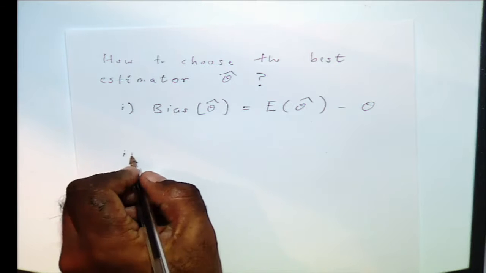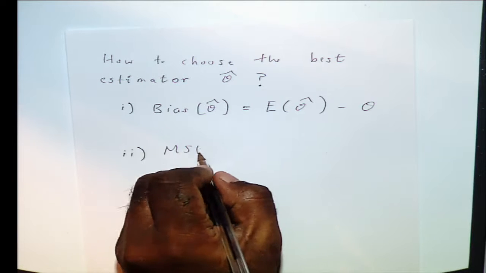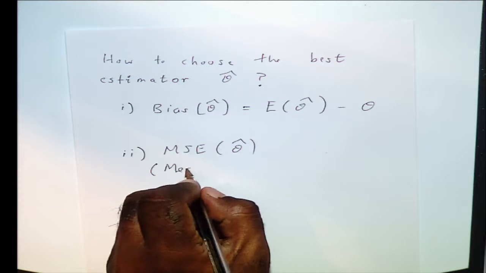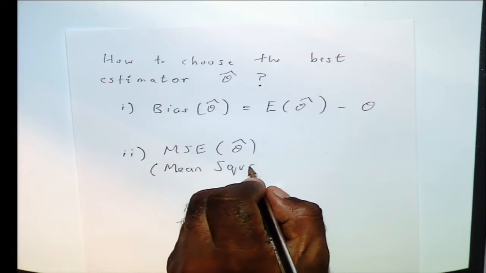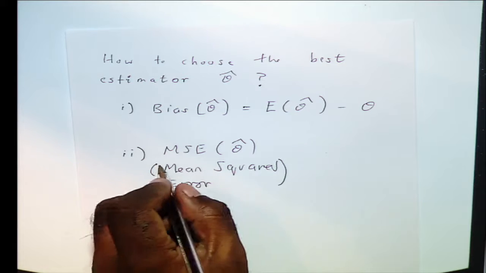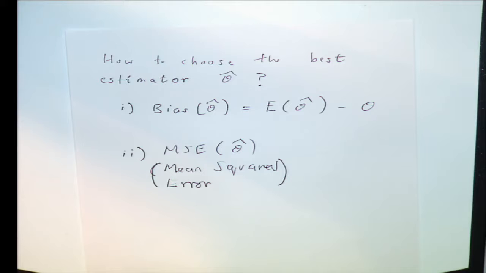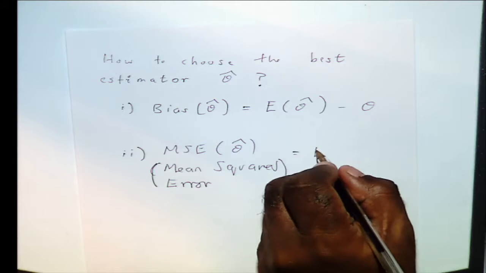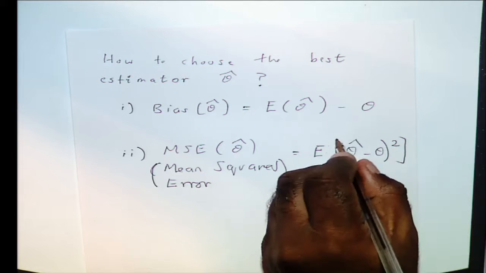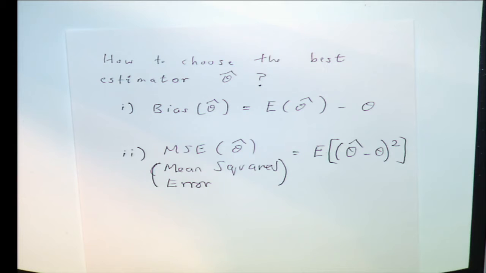Two is called the MSE, which stands for the mean squared error, and is defined to be the expected value of this. Okay, so these two formulas tell you how good an estimator theta hat is, right?